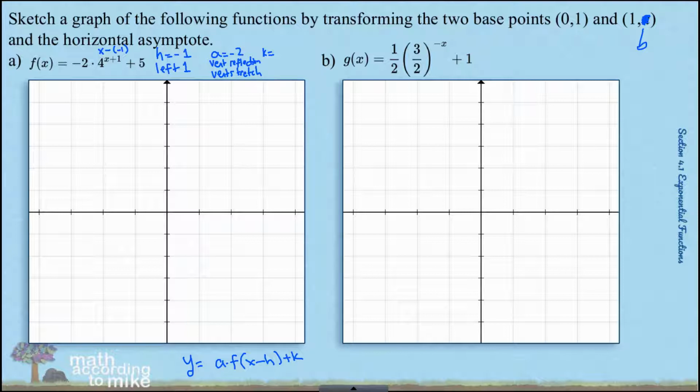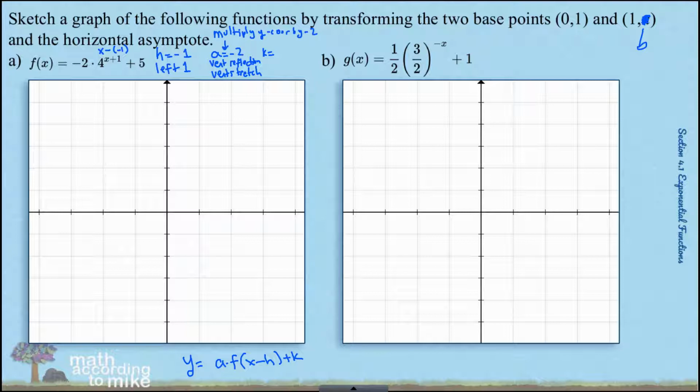Now, if you want, to me, it's a little bit easier if we play with numbers. A will directly affect the y coordinate. So we could have also said multiply the y coordinate by negative 2, which I think is much easier to do when we go to do these transformations.